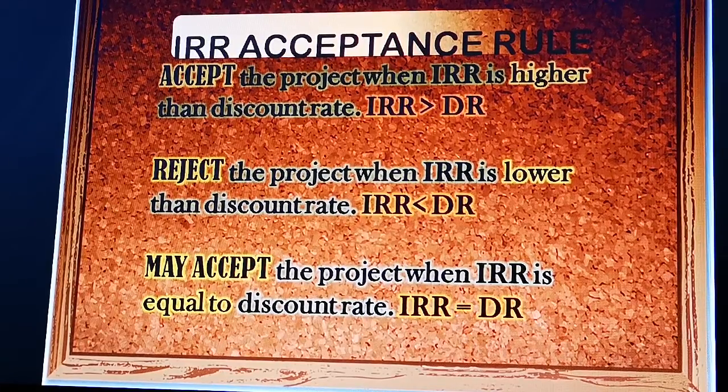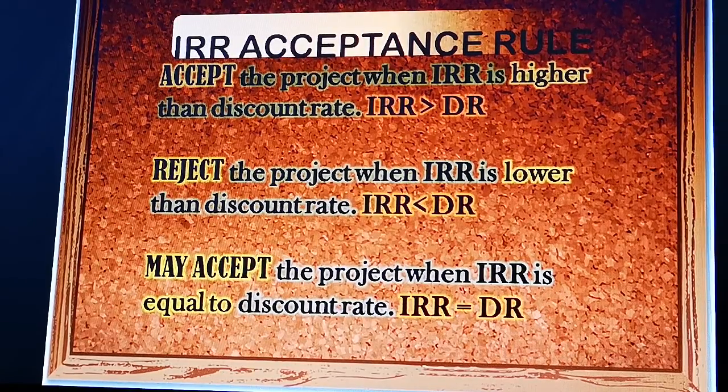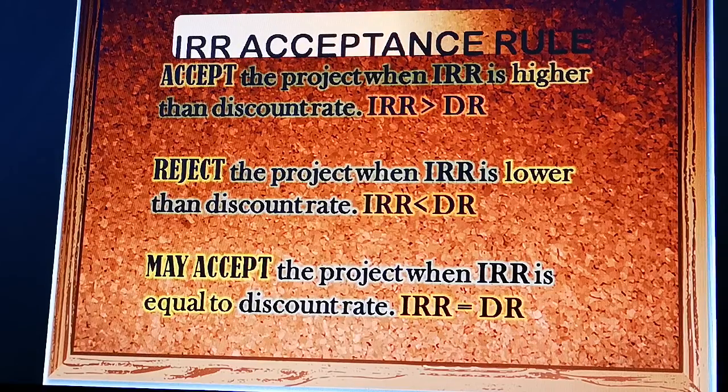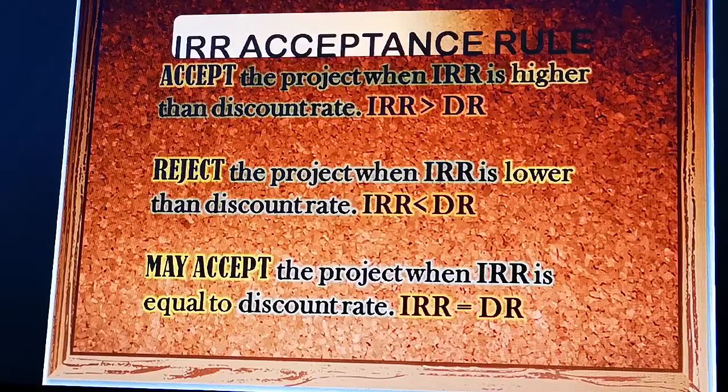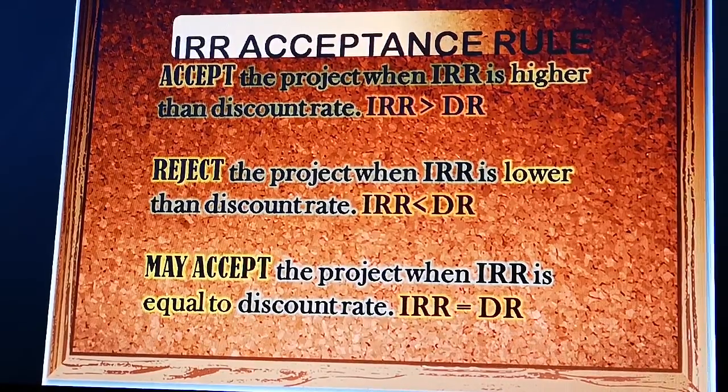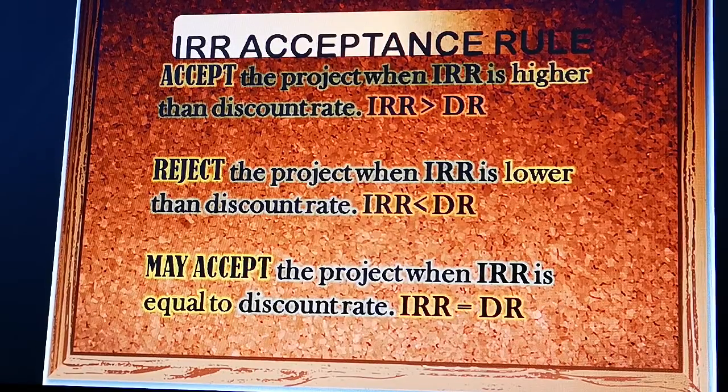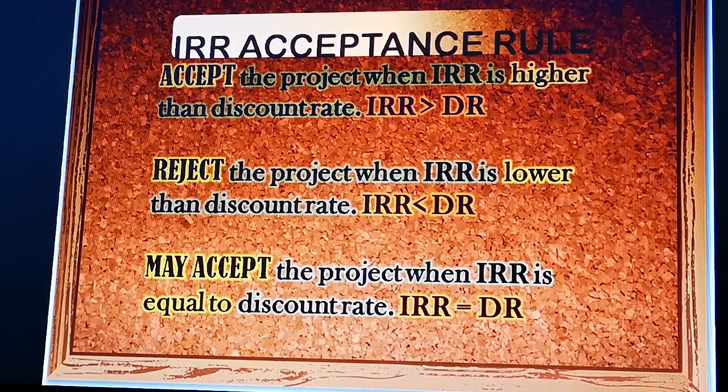We may reject the project when the internal rate of return is lower than the discount rate. But we may also accept the project when the internal rate of return is equal to the discount rate. Generally speaking, the higher a project's internal rate of return, the more desirable it is to undertake.